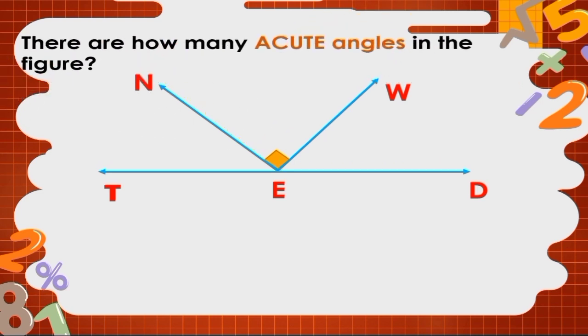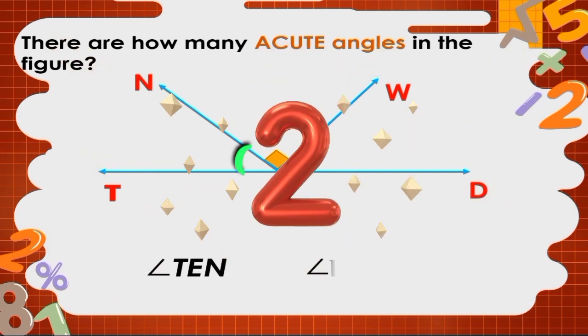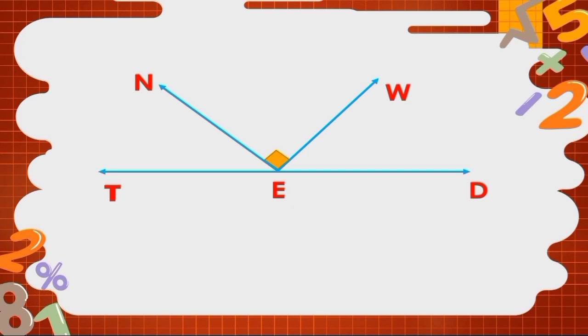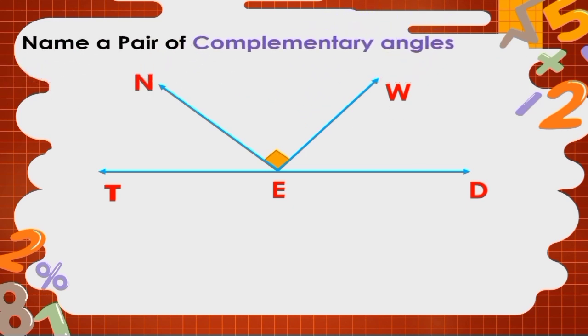Next, there are how many acute angles in the figure? Ilang acute angles ang nakikita natin sa figure? Ayan, ganun ulit. We have two angles, angle TEN and angle WED. Again, pwede natin silang basahin as angle NET or angle DEW. Basta laging gitna ang vertex.